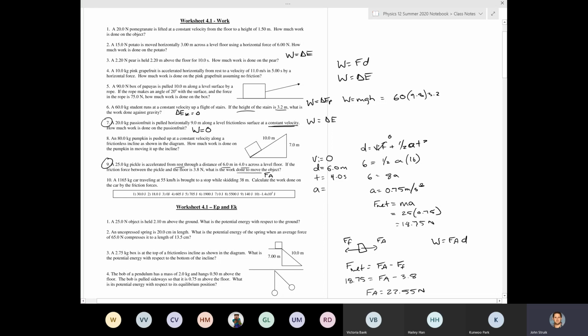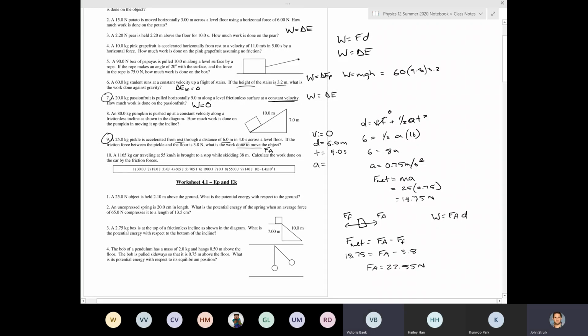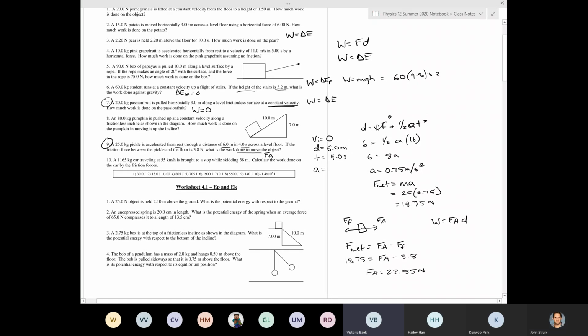Anything else? I just want to clarify something. So if the velocity is constant, the net force is always 0, right? Correct.